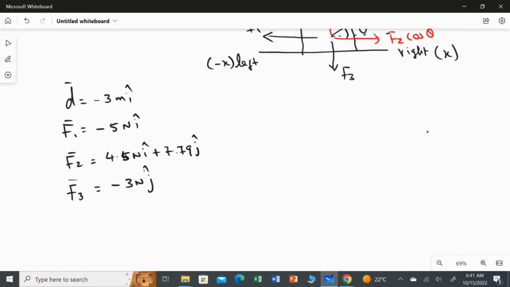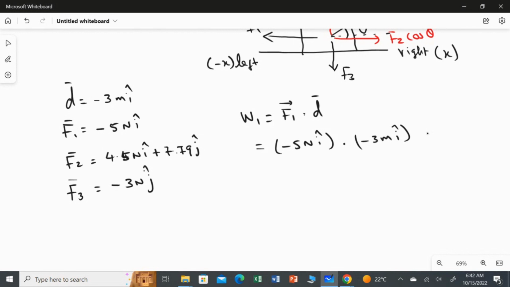Now I'm going to find the value of work done for the first force. So what is the work done for the first force? The work done for the first force, which is given as F1 vector dot D vector. It's clear. So F1 vector here they mention as minus 5 Newton I cap, dot product with the D vector, minus 3 meter I cap. Now, when you go for the dot product, the answer should be the scalar. Am I right? The dot product gives you the scalar, the cross product gives you the vector.